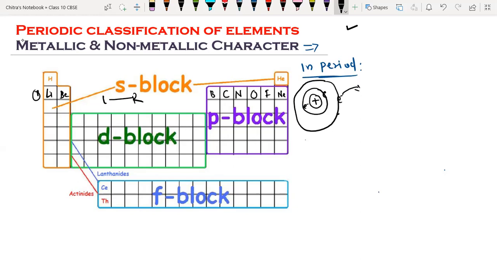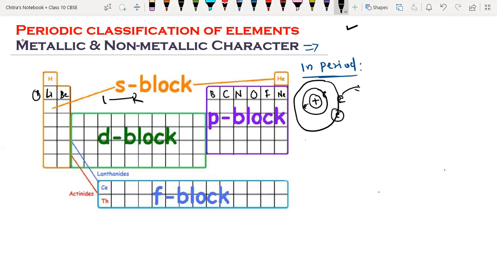Then we have beryllium, means two electrons. Suppose here we have two electrons, means one electron is added in the same shell. Are new shells coming here in order to have the next electron?